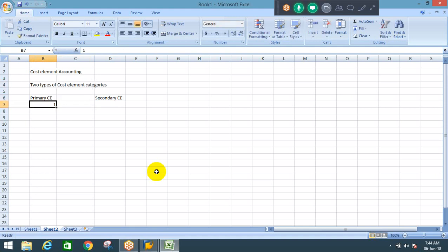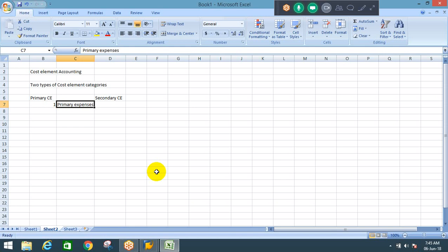Cost element category 1, what is this? This is for primary expenses, all expenses. Note down primary expenses. In FI we have expenditure GL accounts, right? In FI we create all the GL accounts with the 4 series, expenditure GL accounts.